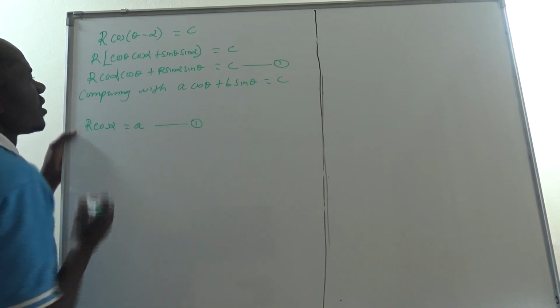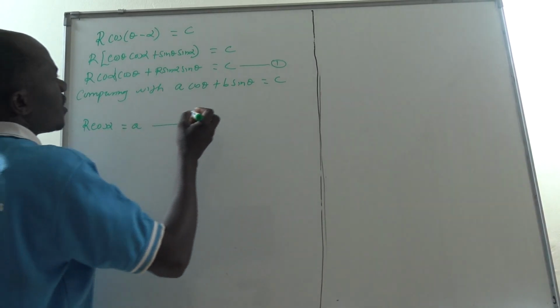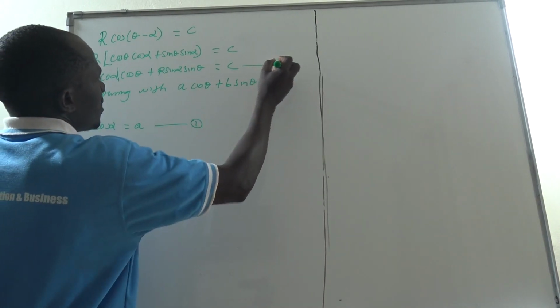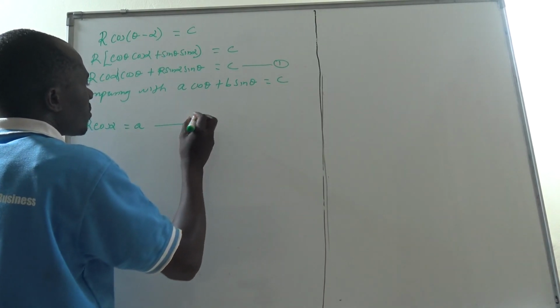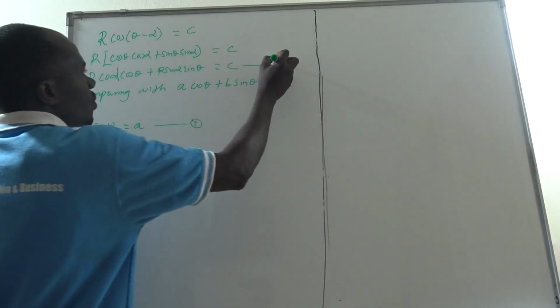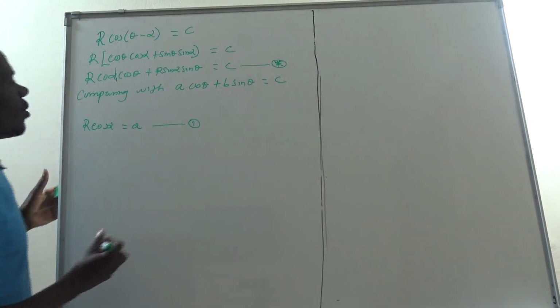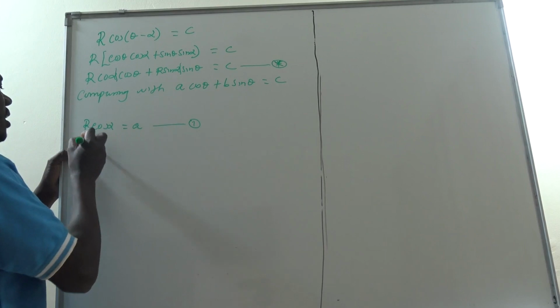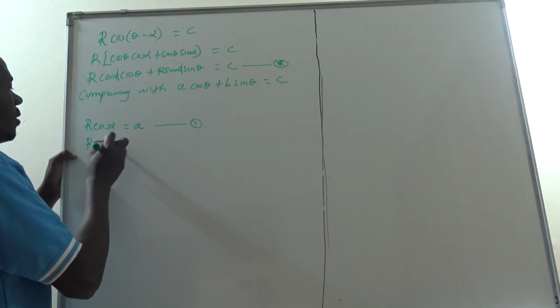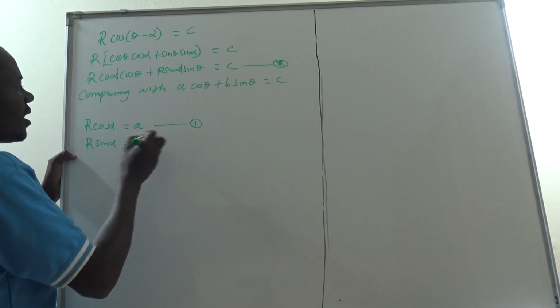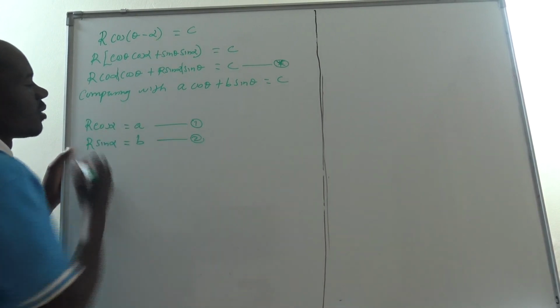This is the first equation, which let me call equation star. We also have r sin alpha equals b, and this is the second equation.